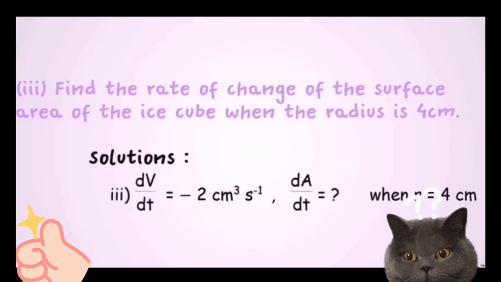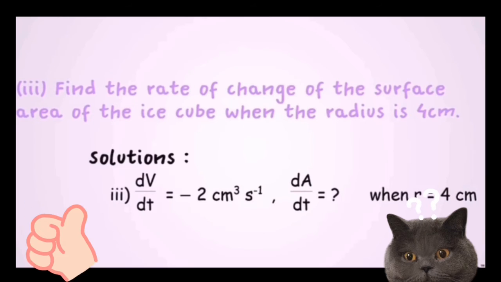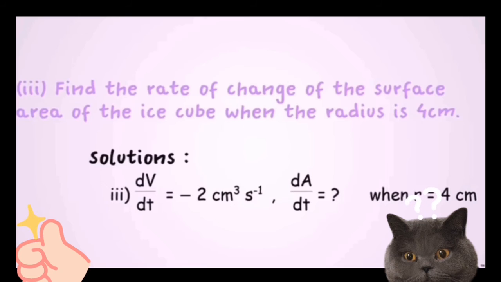It is negative because the ice cube is melting, which means its volume is decreasing. Another thing we can get from this question is to find the rate of the surface area of the ice cube when the radius is 4 cm. We can write it in the form dA over dt equals what, when r equals 4 cm.